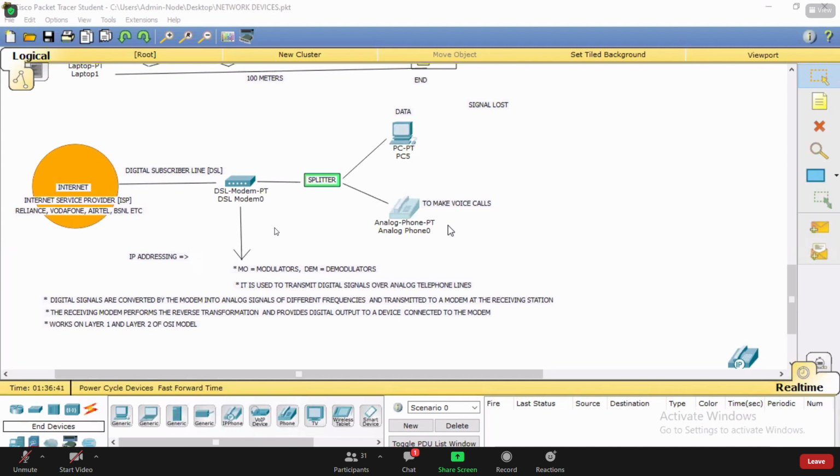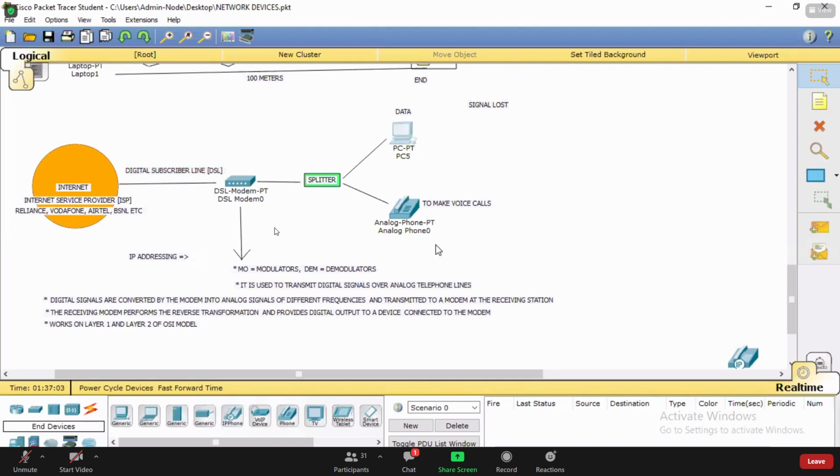Like if you are taking a Reliance Jio connection, then they will offer you this type of landline phones. But these landline phones and our PCs, both of these types of devices, are using the same DSL line to send information to the internet and to receive information from the internet.